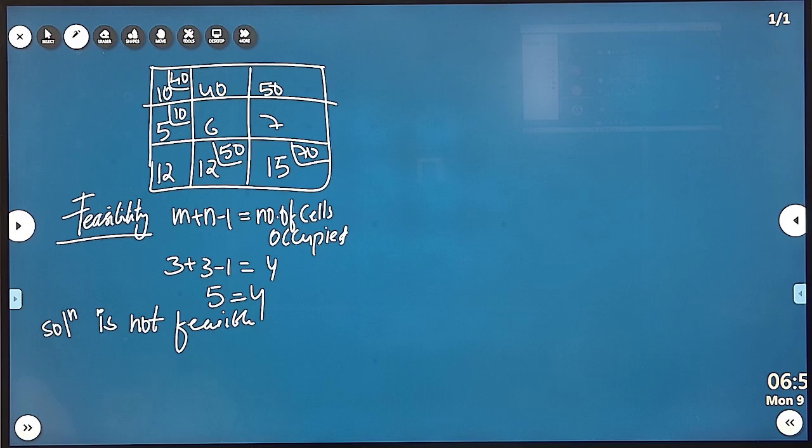Dummy allocation on lowest cost. Okay. So write hint as: E shall be considered 0 for all the computation.